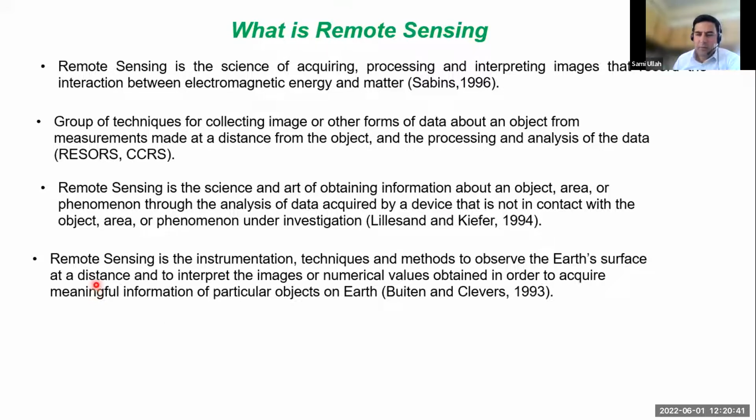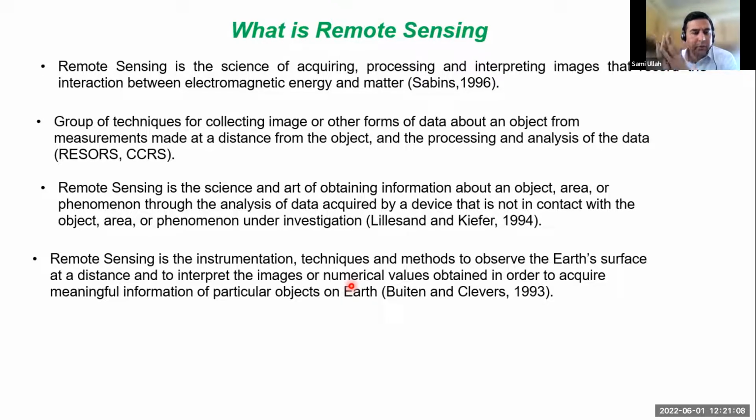Also, for example, remote sensing is the instrumentation, techniques, and methods to observe the Earth's surface at a distance. This is also almost the same definition, and to interpret the images or numerical values. Specifically, when we have satellite images, they are in the form of pixels, and each pixel has a digital number.